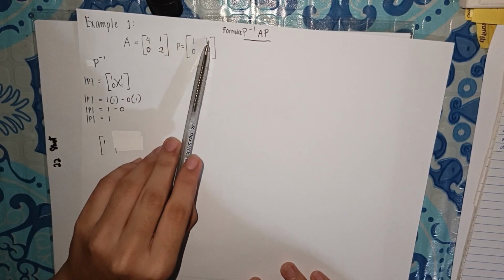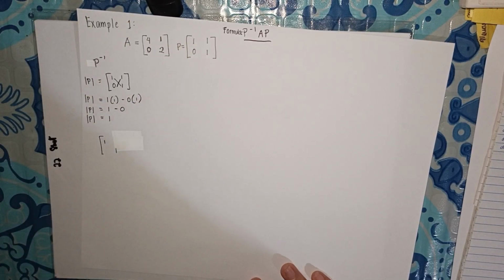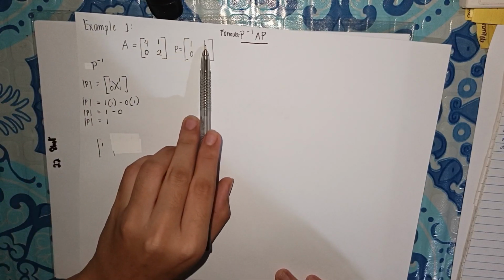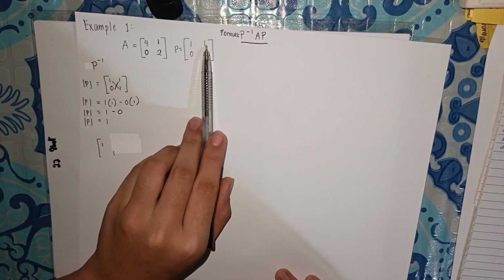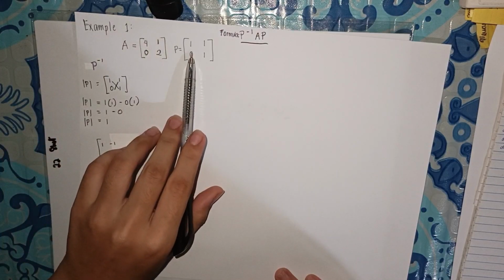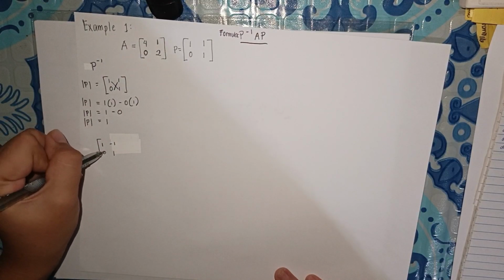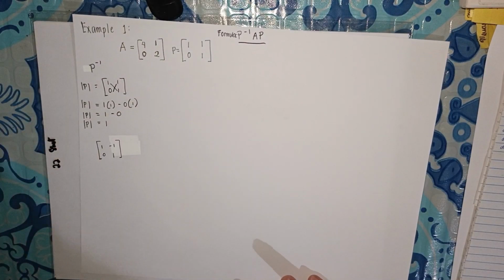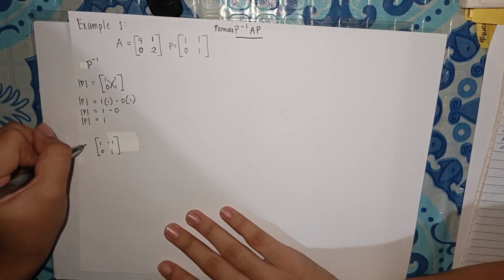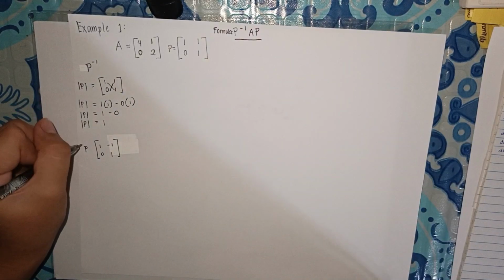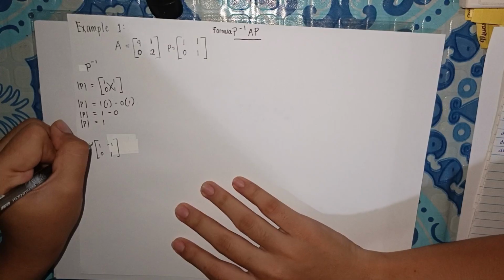Then for B and C, we change their signs. Since B is 1, it becomes negative 1. Then 0 is just 0, there is no negative 0. So that is the first step.